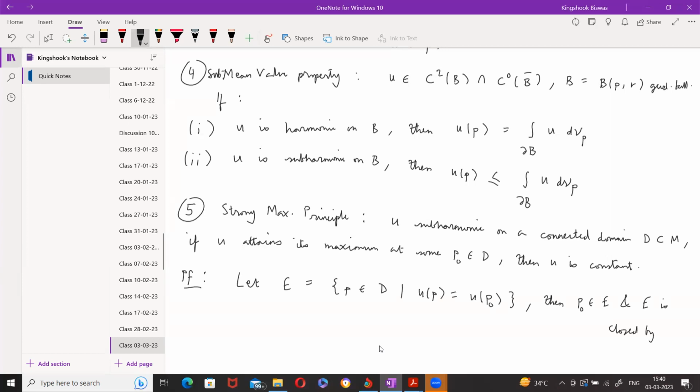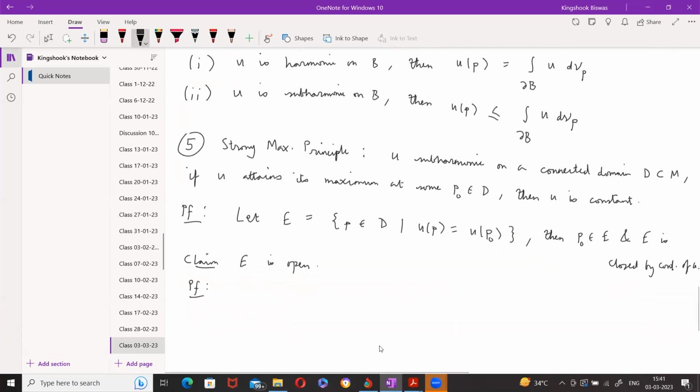So what do we have to show? That E is open, then we're done, right? So claim: E is open. And the proof follows from the sub-mean value property.